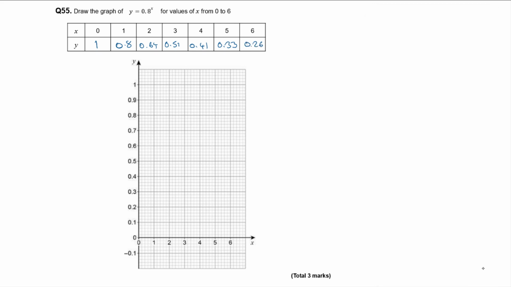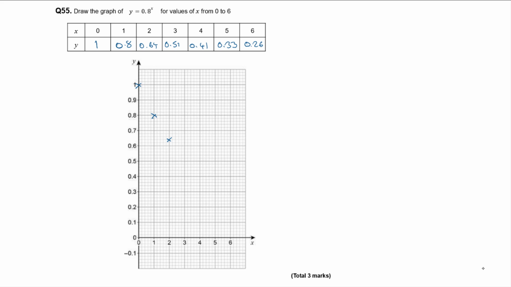Okay, then plotting those points carefully on the graph. So 0 goes with 1, 1 goes with 0.8, 2 goes with 0.64. Now I've got 5 little divisions between 0.6 and 0.7, so each one of those is going to be 0.02. So 0.64 is going to be 2 little squares above 0.6.